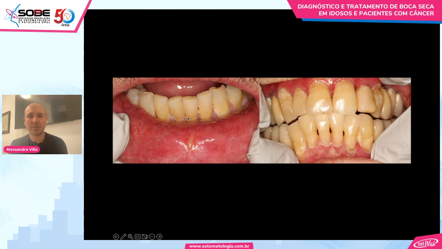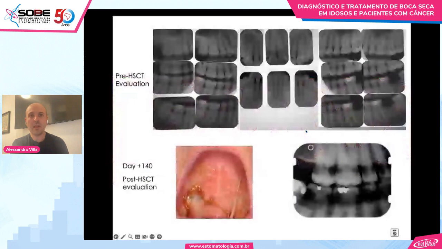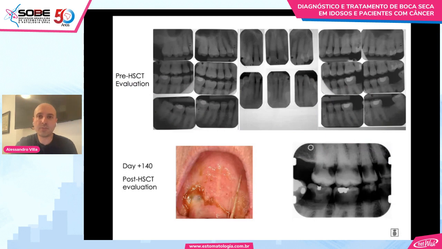These patients are also at a higher risk, as I said, of dental caries. This patient also had poor oral hygiene, but as a consequence of dry mouth in the context of salivary gland GVHD, the patient developed multiple cervical caries. And this is another example. This is a patient, you can see here the full mouth series of intraoral radiographs.